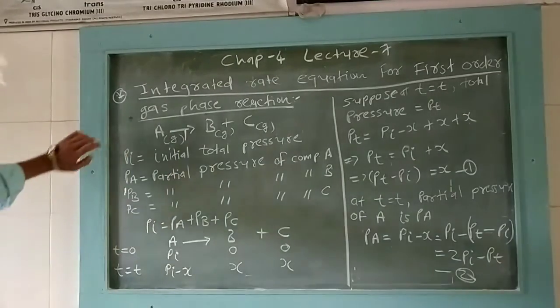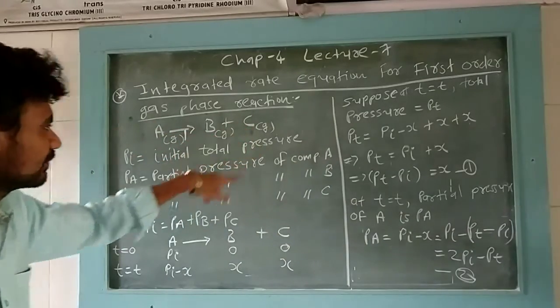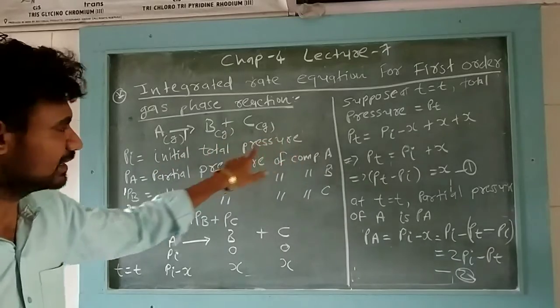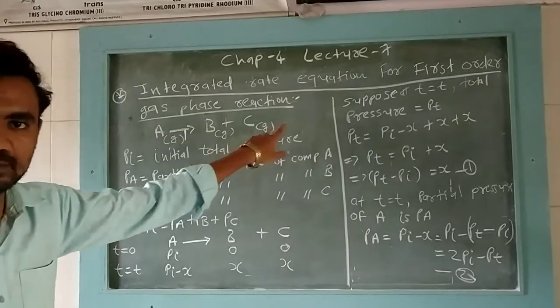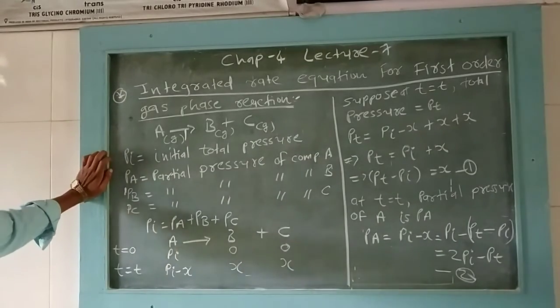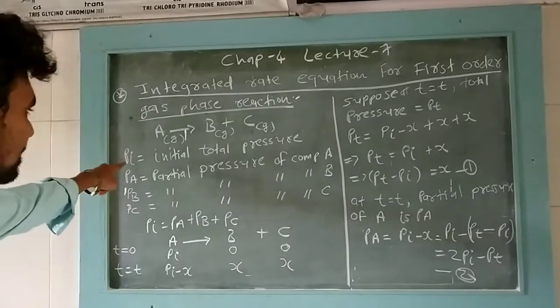So first of all, take a reaction. A gives B plus C. All the components are in gaseous phase, reactant as well as product. So at initial stage, the total pressure is Pi.